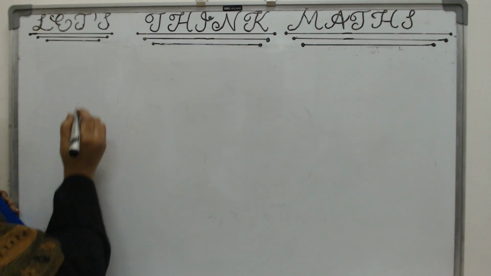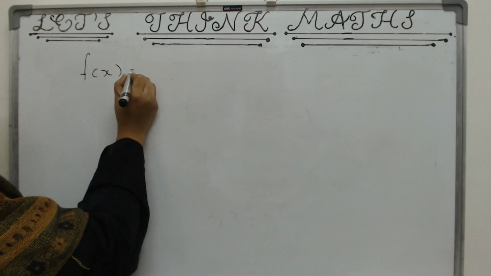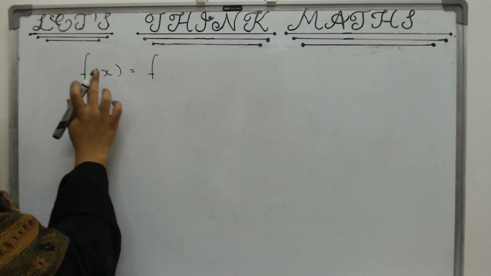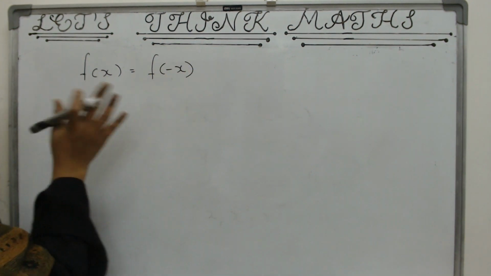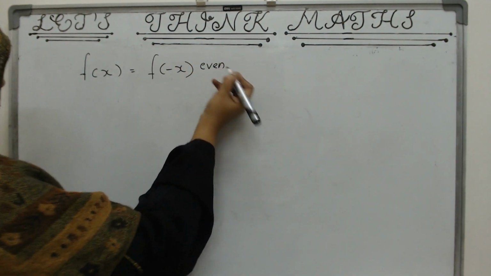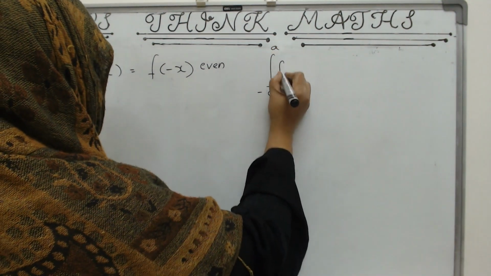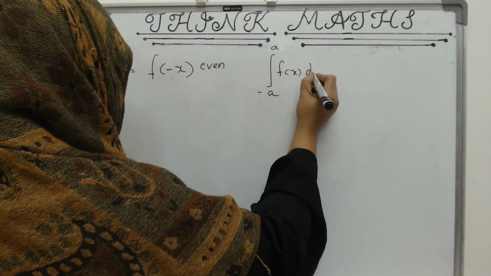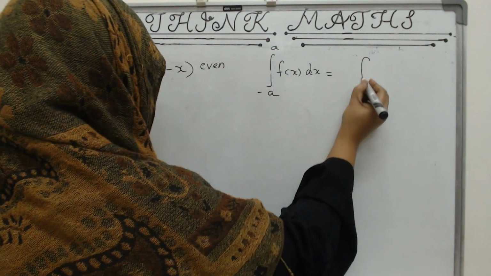Now let us see how even and odd functions look. If in any function of x, instead of x, you put minus x but you still get the same function, then this is said to be even. And in that case, what do you do? If it is from minus a to a, you can split the integral at 0.